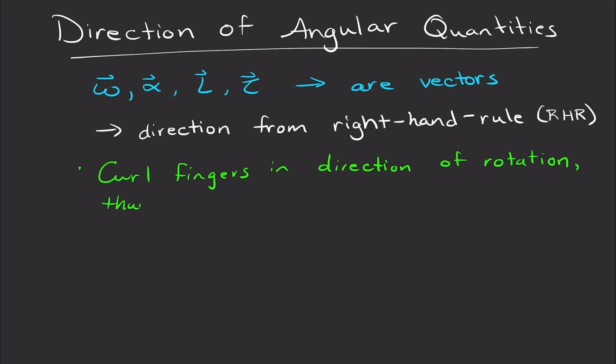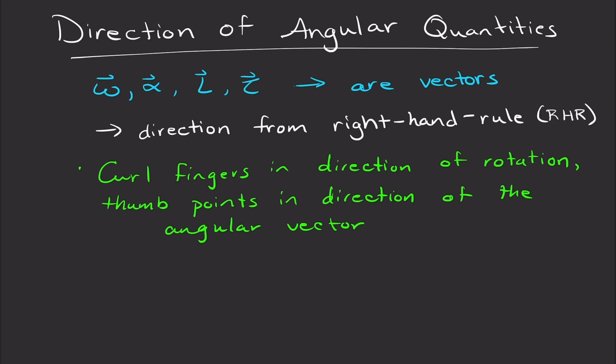And then your thumb points in the direction of the angular variable or the angular vector. So if you take your right hand and draw a thumb, then you've got some fingers, and say they're curled in like this, then your thumb points in the direction of the vector.